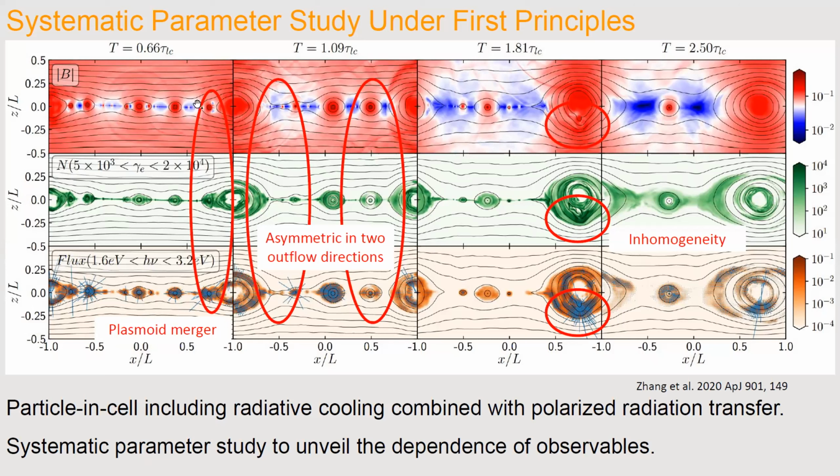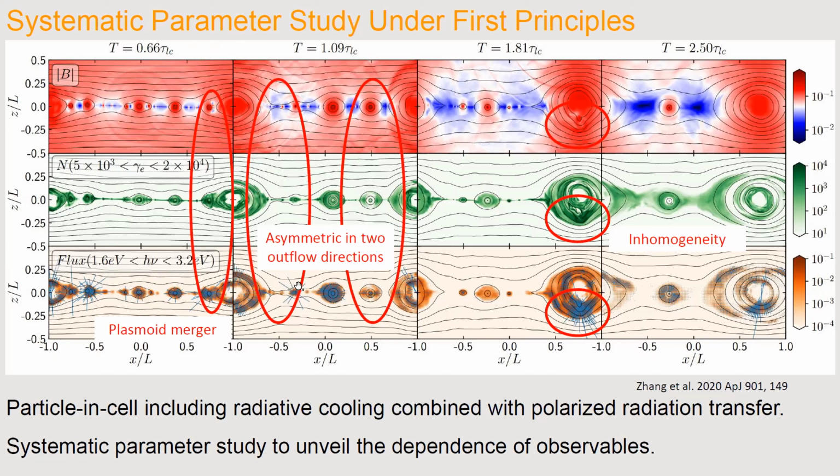And here are 4 snapshots of our simulation output from left to right. The 3 rows are the magnetic field strengths, the non-thermal particles at gamma 10^4, and the optical polarized emission map showing the flux and the relative polarized flux and its angle.